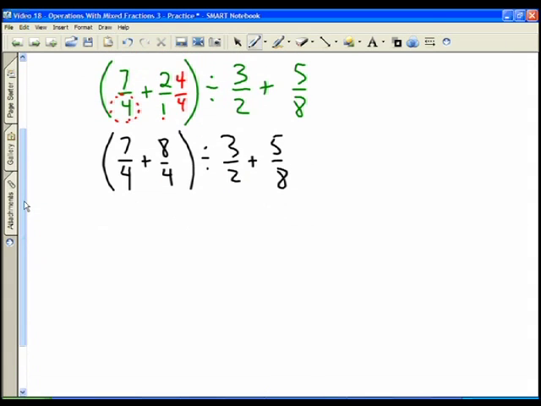And now we can go ahead and get rid of our brackets because 7/4 plus 8/4 is going to be 15/4. And now we have 15/4 divided by 3/2 plus 5/8.